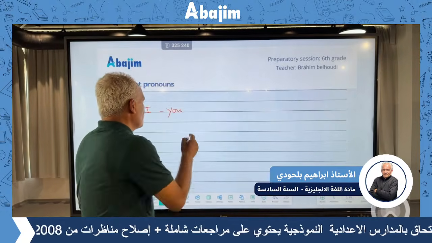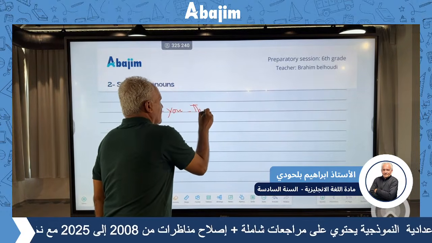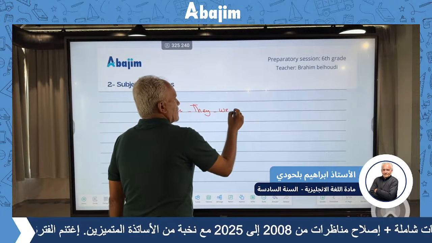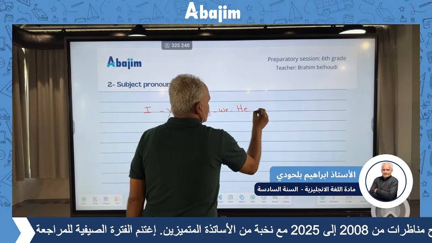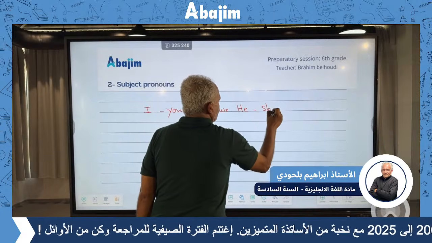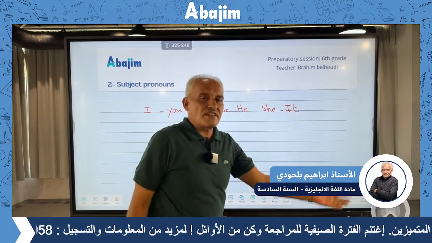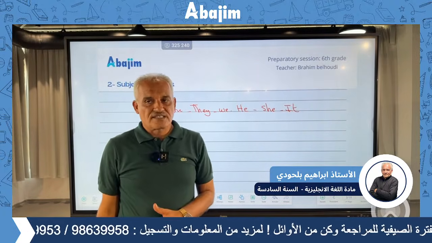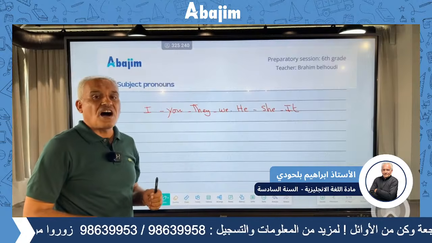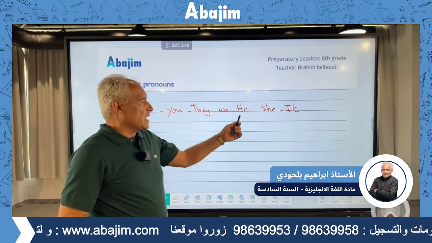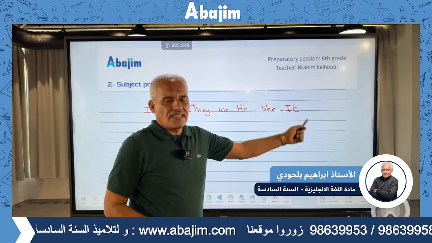You, then they, we, he, she, and it. And it is used with animals and objects. So the subject pronouns in English language are I, you, they, we, he, she, and it.